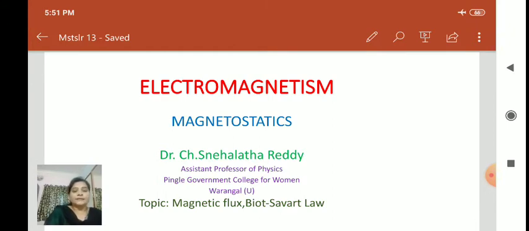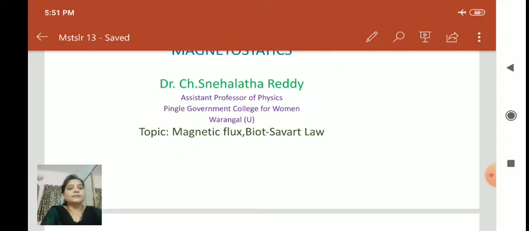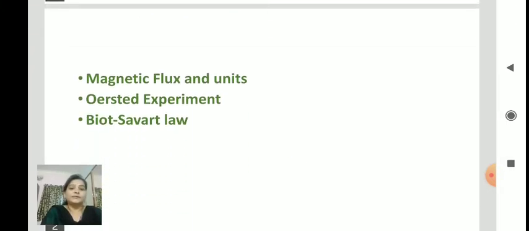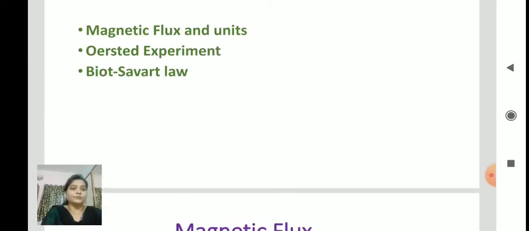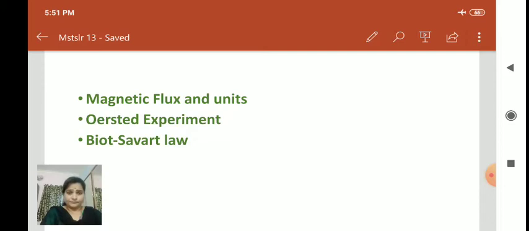So what is magnetic flux? These are the glimpses of today's video lecture. Today we are going to discuss magnetic flux and its units, the Oersted experiment, as well as the Biot-Savart law. Also we discuss the difference between magnetic flux and magnetic flux density. The magnetic flux density is nothing but the magnetic field induction itself.